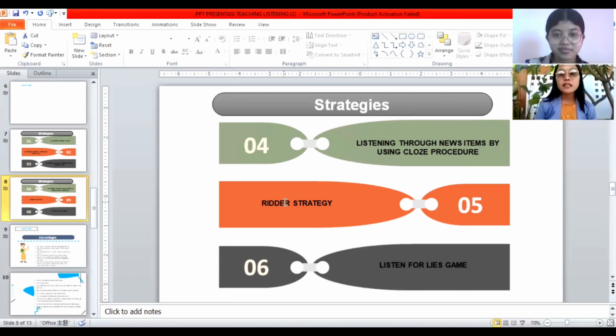Fifth, after the audio recording is stopped, the teacher reads the previous story aloud by making changes. Sixth, every time the teacher makes a change or lie in the story, students must stand up and say what they should.